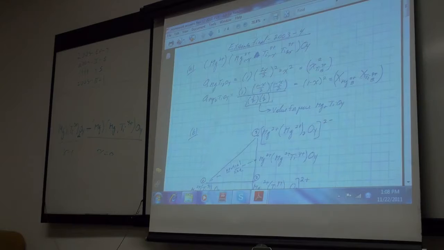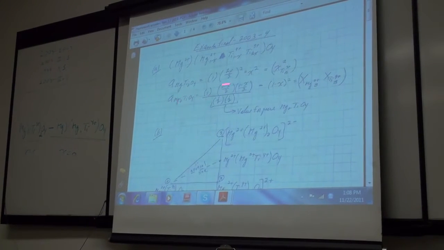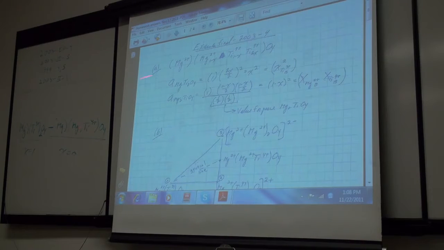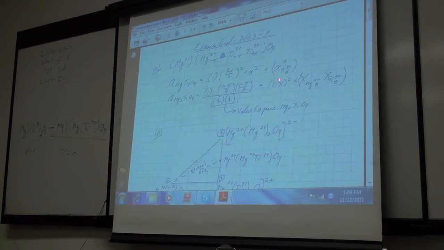So this would be the activity, the product of the fraction of Mg2 plus times the fraction of titanium 4 plus, which is 1 minus x over 2 times 1 minus x over 2. But when x is 0, when you're over here, you've still got 1/2 times 1/2. So you've got to divide by the value in the standard state. This is your activity, this is your standard state activity, if you like.